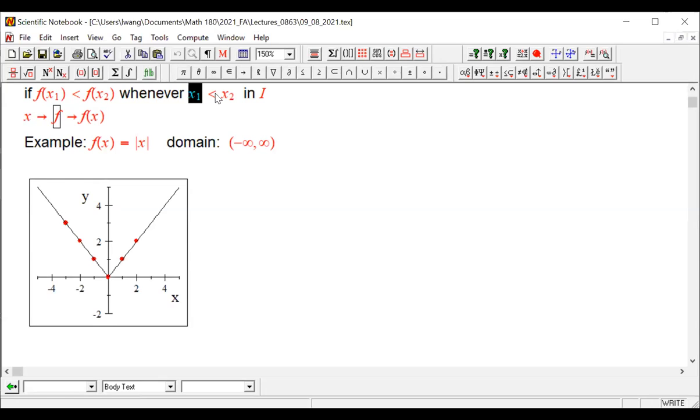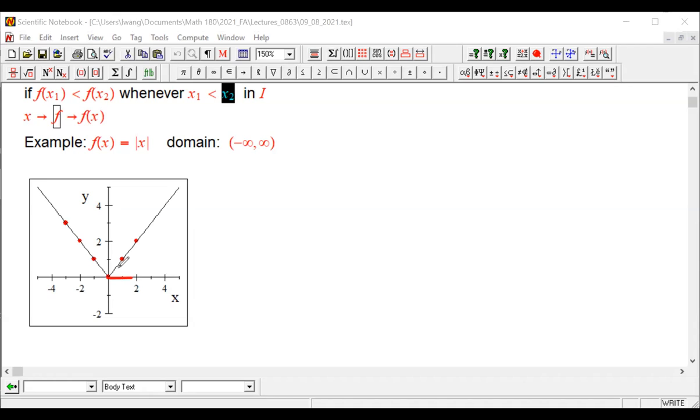whenever x1 is less than x2, the input. So let's understand, suppose I have an x1 here. I'm using red for the input.